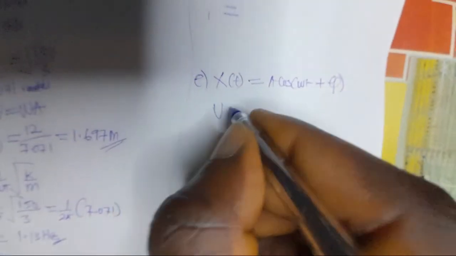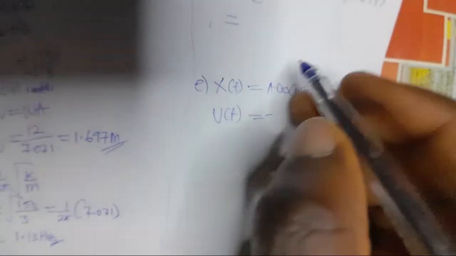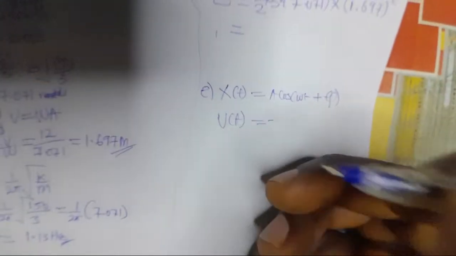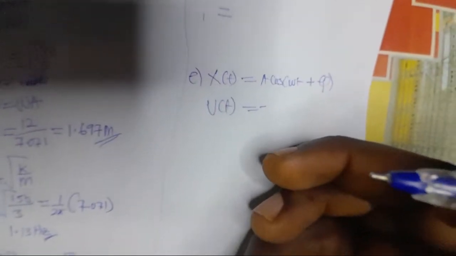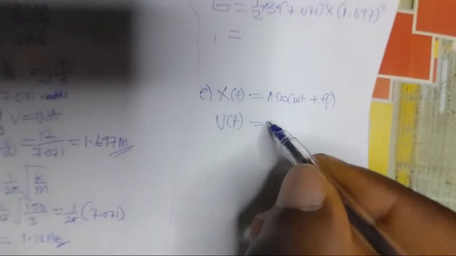And for velocity as a function of t, they all depend on t. That's differentiating this with respect to t using normal differentiation. If you have not watched my video on differentiation, please do so. It will help you understand how they got this.